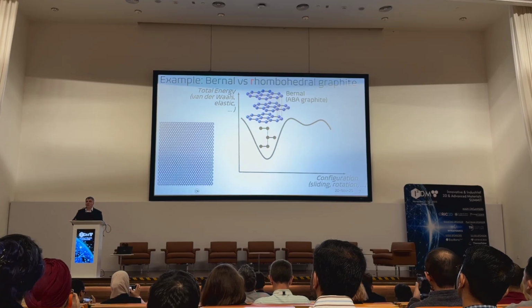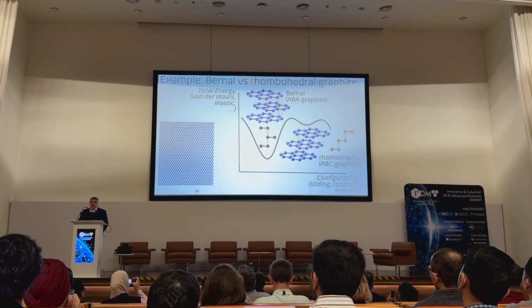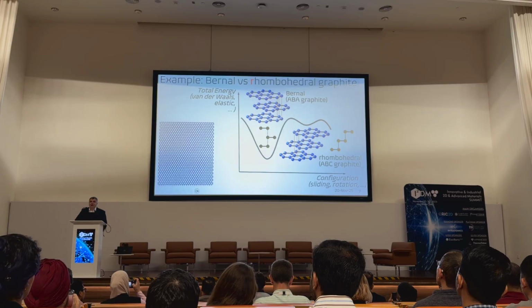We all know this, but at the same time, not that much higher in energy, there is also the so-called rhombohedral ABC graphite.